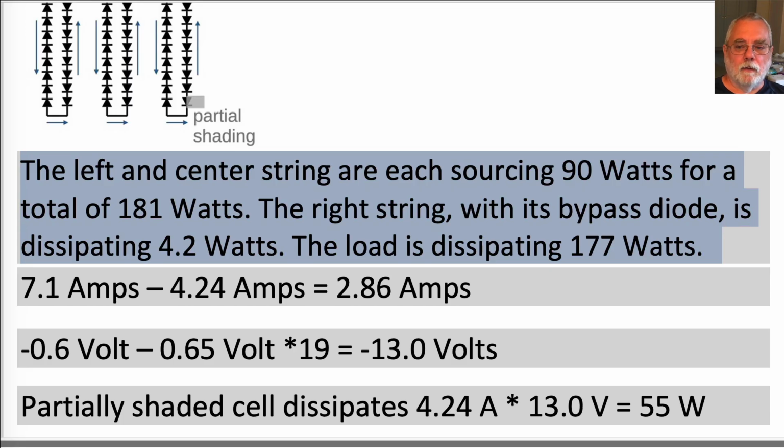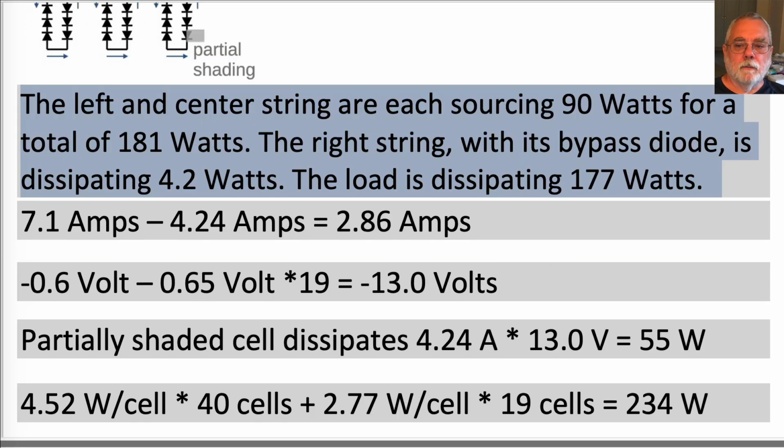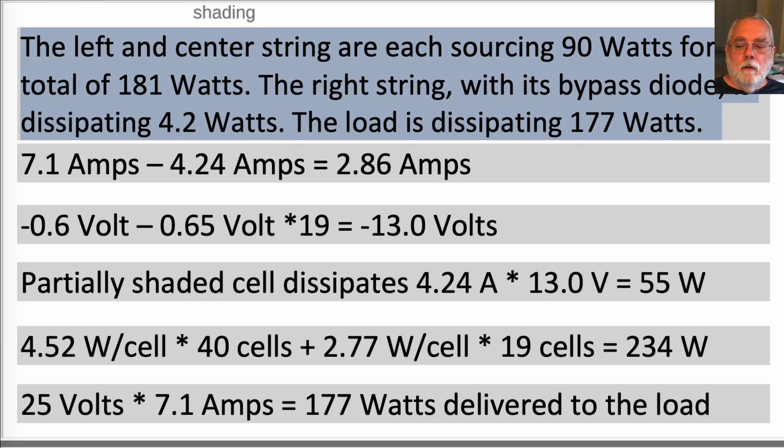Let's calculate the power being sourced and dissipated. The partially shaded cell has reduced the power generated by the panel from 360 watts to 234 watts, but it would only have been 163 watts without the bypass diodes. 177 watts gets delivered to the load versus 64.7 watts without the bypass diodes.